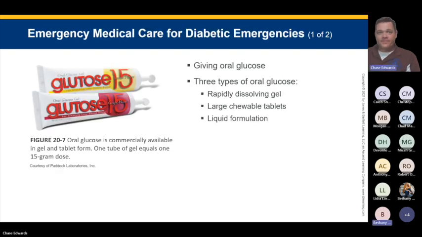All right, awesome. So the emergency medical care for your diabetic patients, because we're going to do our own patient assessment at the end anyway. For your diabetic patients, one of the things is we're giving oral glucose. There's a couple of packages of oral glucose there.